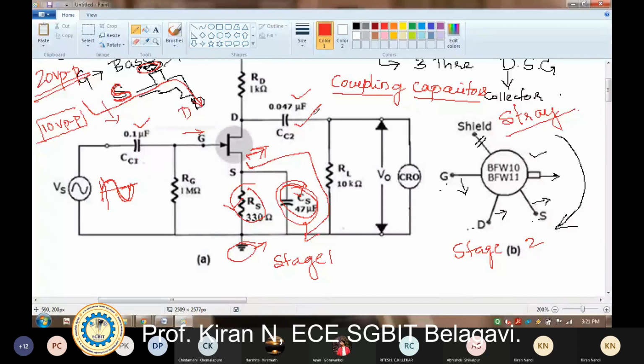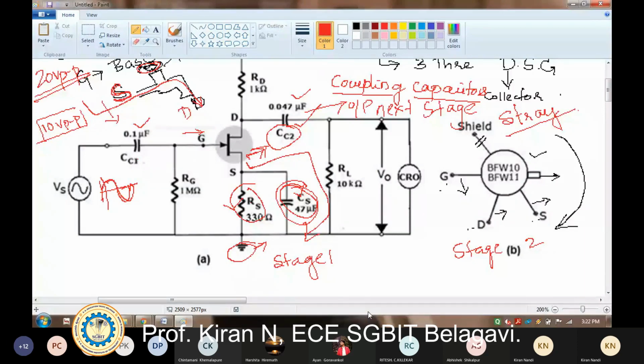It means this coupling capacitor is used to connect the output to the next stage, which is acting as the input for stage 2. So the output is connected to the next stage, acting as the input to the next circuit.